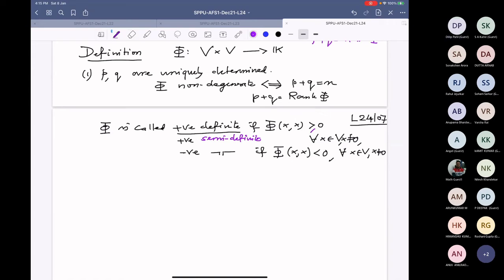Similarly, negative semi-definite, when you allow the equality here.